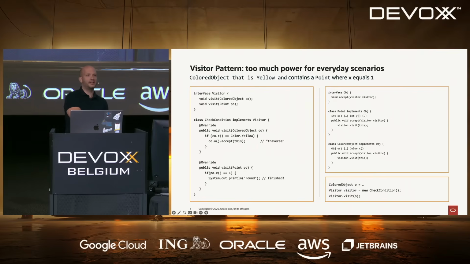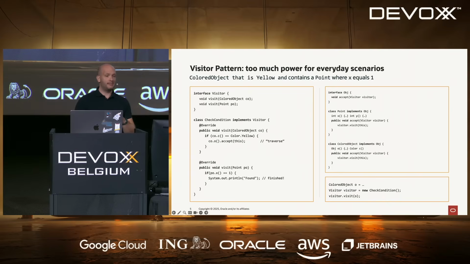And I know that if I ask you now, I will get 15 or 20 different opinions about whether this is exactly the same as before. The interesting thing is that the hierarchy needs to be wired by the user. You see on the right-hand side an interface object that defines the accept method that accepts visitors. All variants, point and colored object, need to implement that object. Then on the left-hand side, we see our analysis now nicely packaged together.